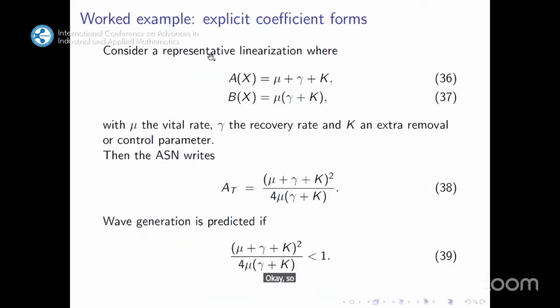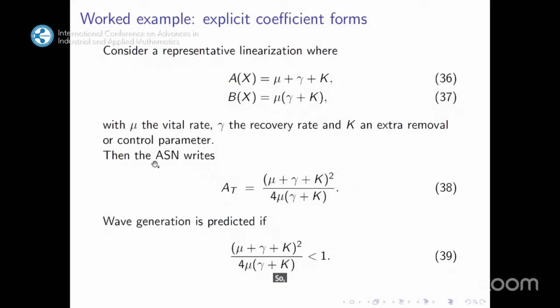Okay, so let's look at this example. If we have a system of this form where we define A of x as the following and B as the following as well, by equations 36 and 37, where mu is the vital rate, gamma is the recovery rate, and K is the extra removal or control parameter.